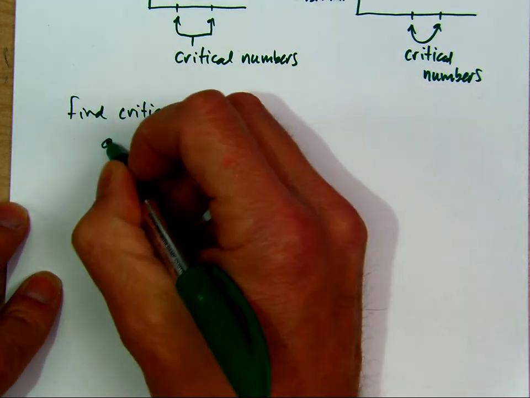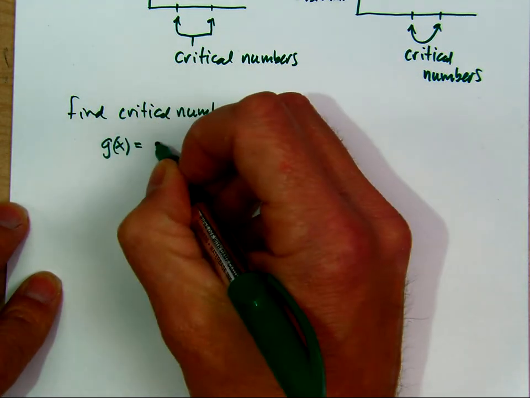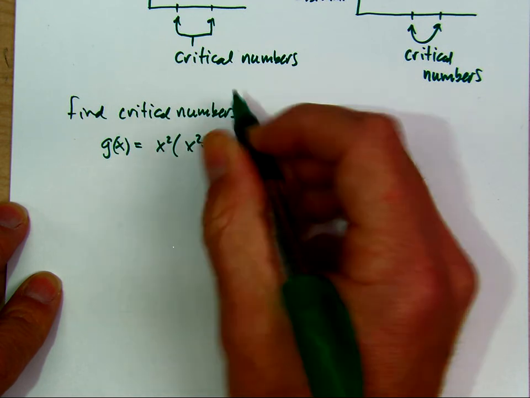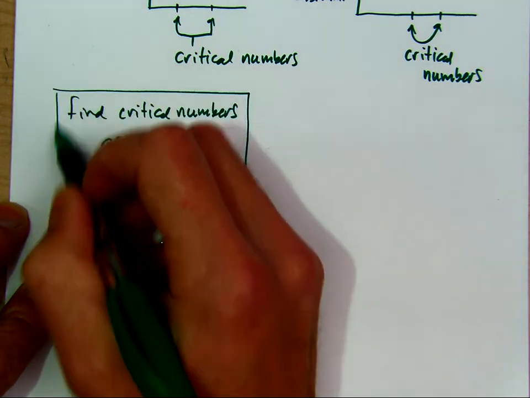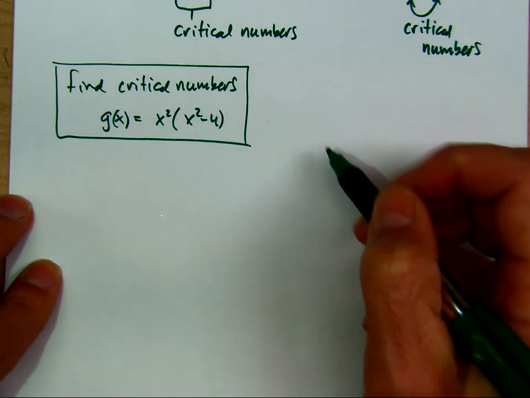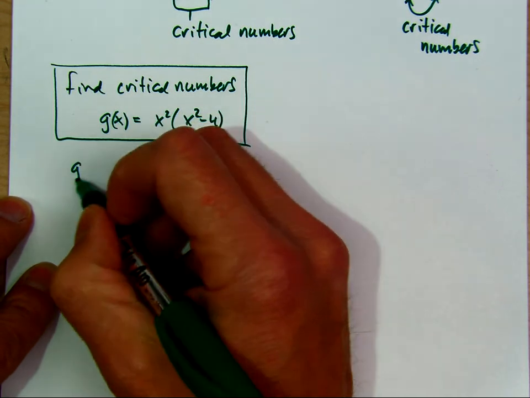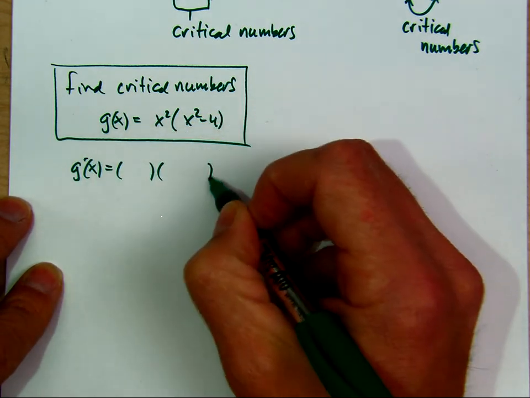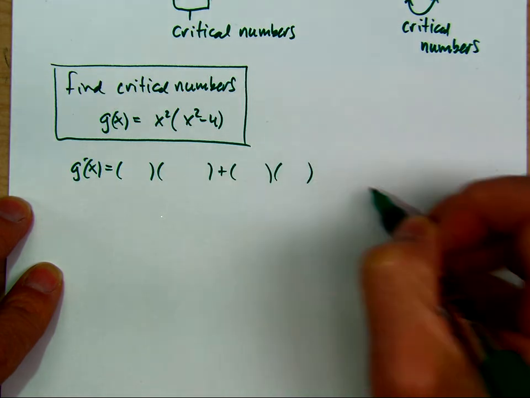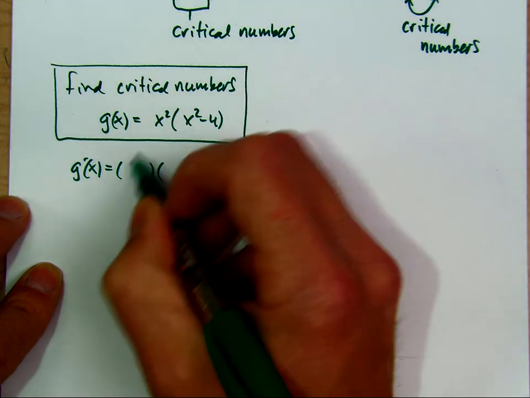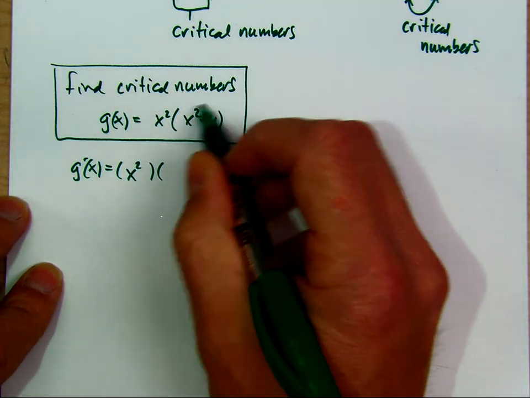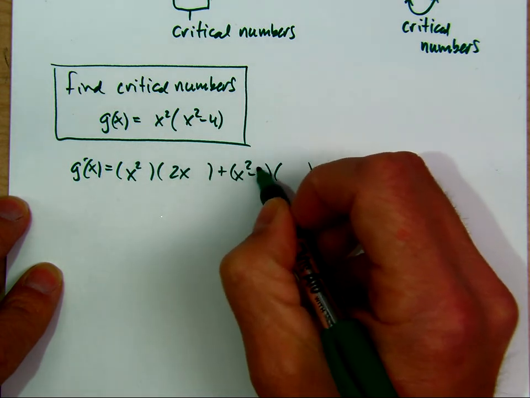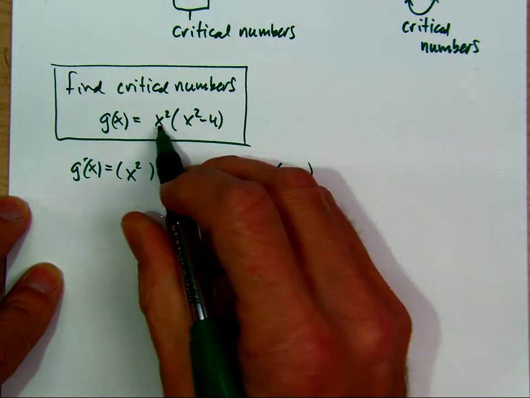So let's just review finding critical numbers before we find the absolute extrema. Critical numbers require the derivative, so we're going to use the product rule: the first times the derivative of the second plus the second times the derivative of the first.